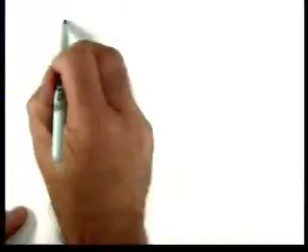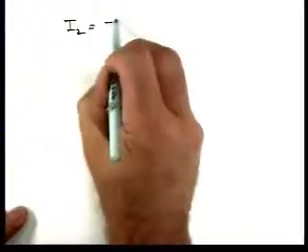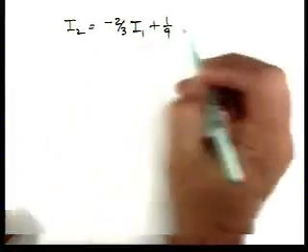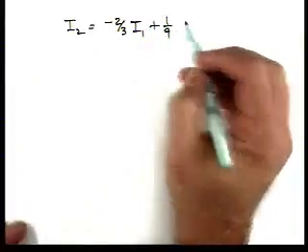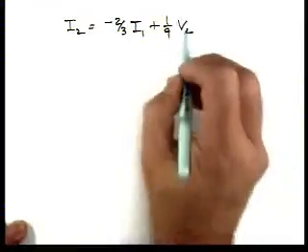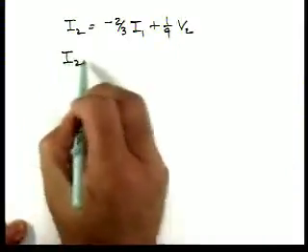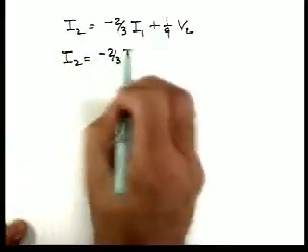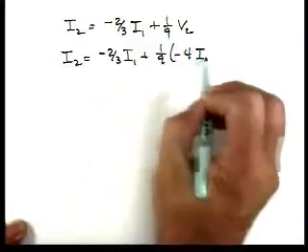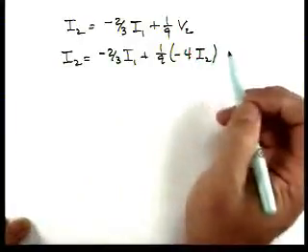So we have I2 is minus 2/3 I1 plus 1/9 V2. So then I2 is minus 2/3 I1 plus 1/9 times minus 4 I2.